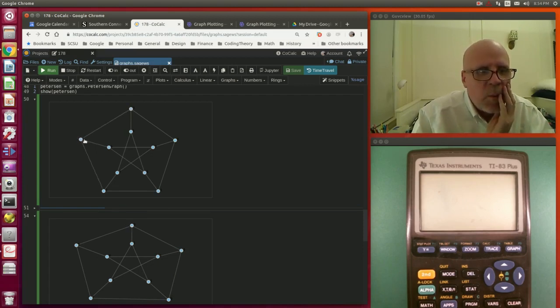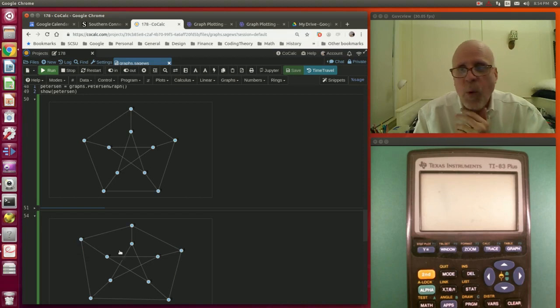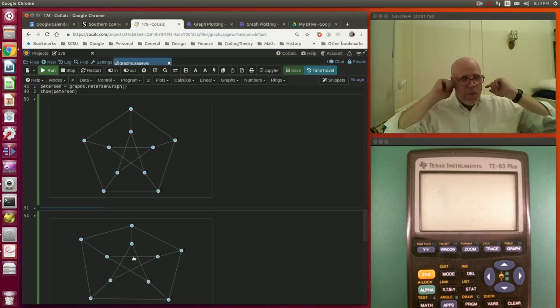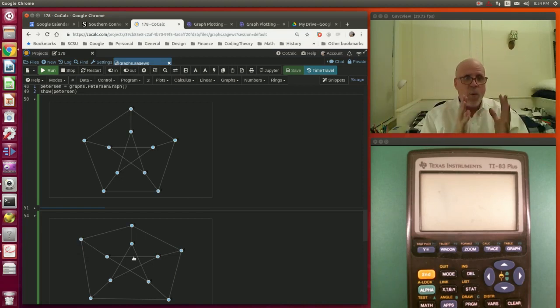Did 1 go to 1? Well, that's a 5 there. So what I have done here is put the graph in correspondence with itself in a one-to-one fashion that preserves the adjacency relationship.